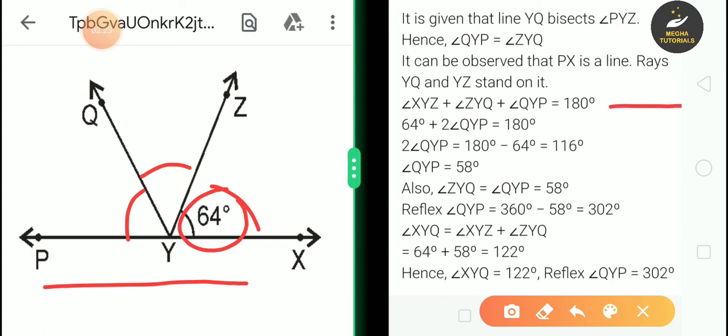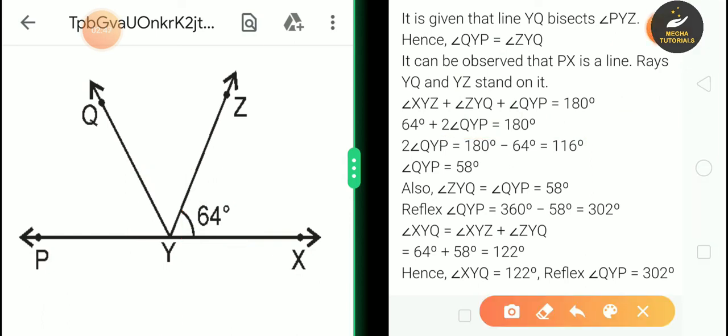Therefore, in this equation, we will replace XYZ by 64 degrees. And we have proved that angle ZYQ and angle QYP are equal. Therefore, the equation is 64 degrees plus 2 angle QYP is equal to 180 degrees.